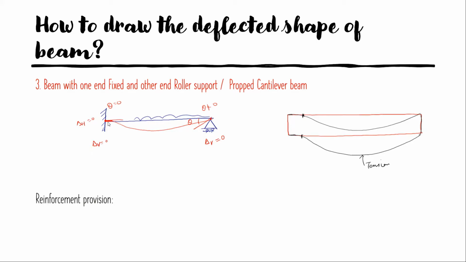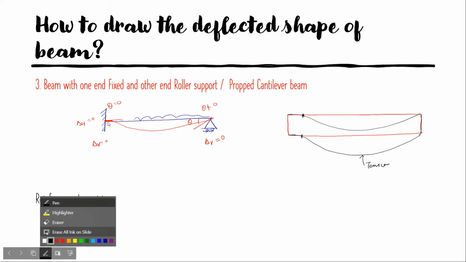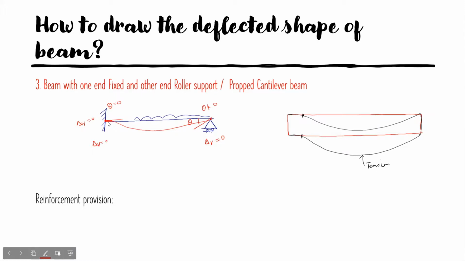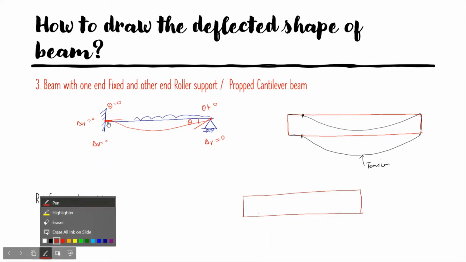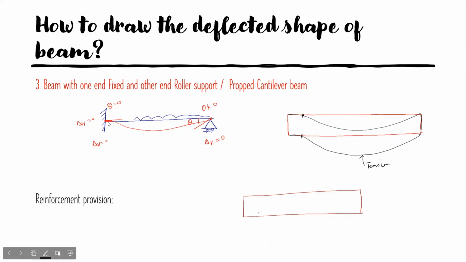Okay, so we will design it in such a manner that reinforcement bars must be provided here from this length to this length, which is in tension at the bottom, and here at the top it is in tension. So here this part must be engaged.